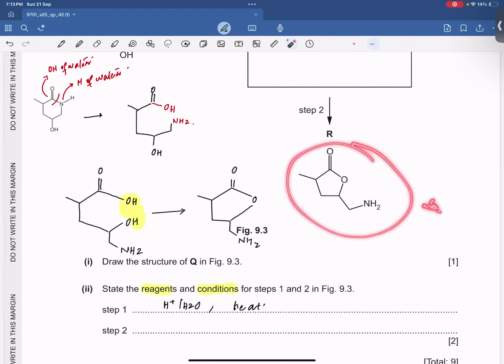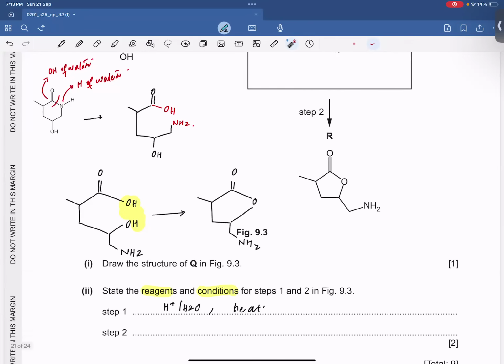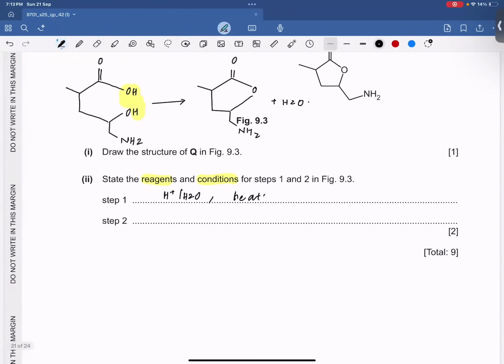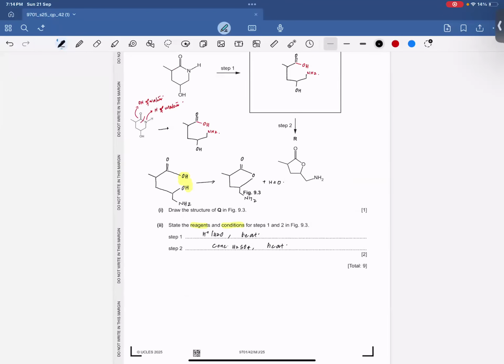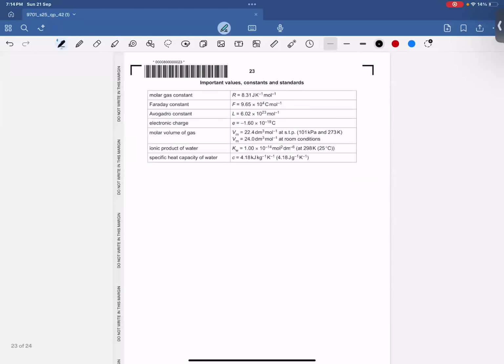I hope it makes sense to you. So in step 2, dehydration takes place because I'm removing water. For dehydration, we need concentrated H2SO4, and the condition is again heat. So that's the end of this question. I hope it makes sense to you. Thank you very much, guys. That's the end of the paper.